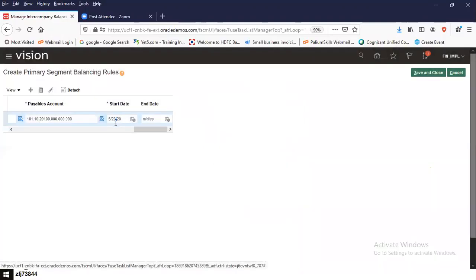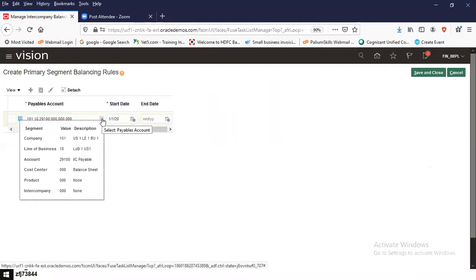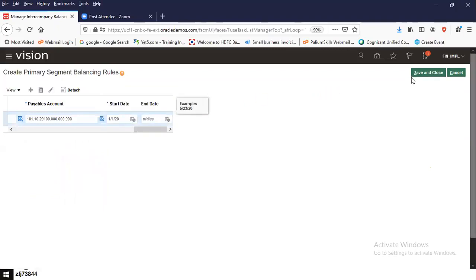start date, have it as early as you need as per your requirement. So let's say we have it from first. Okay, so the rules are now saved.